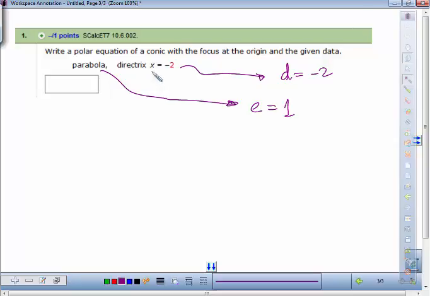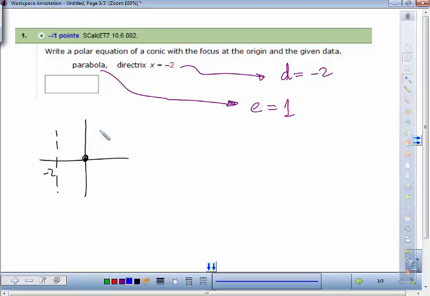Now, we know that x is equal to -2 is a horizontal or vertical line? Vertical line. So we know that our parabola should be opening which way?